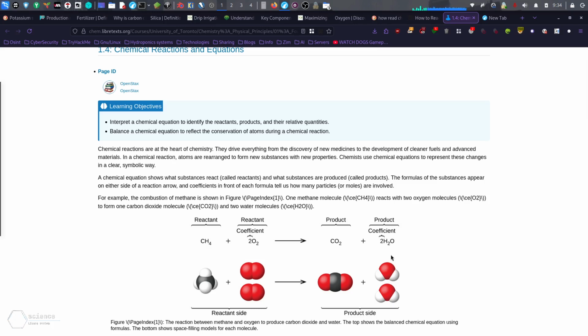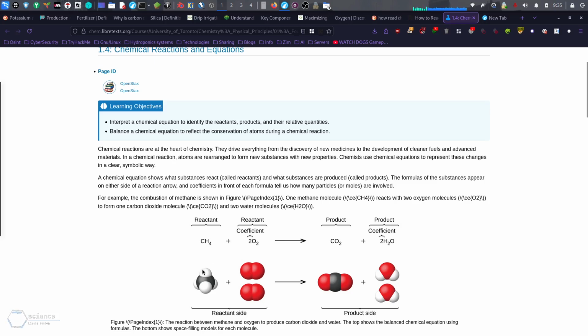Chemists use chemical equations to represent these changes in a clear, symbolic way. A chemical equation shows what substances react, called reactants, reactant 1, reactant 2, and what substances are produced.